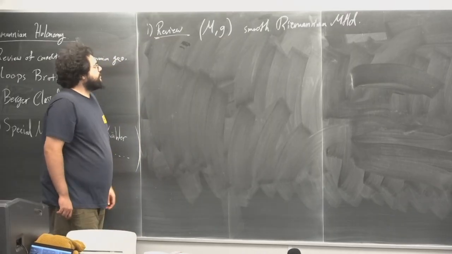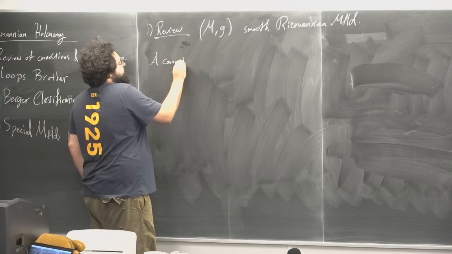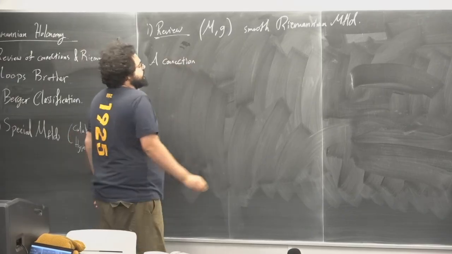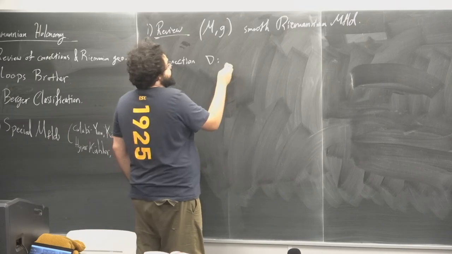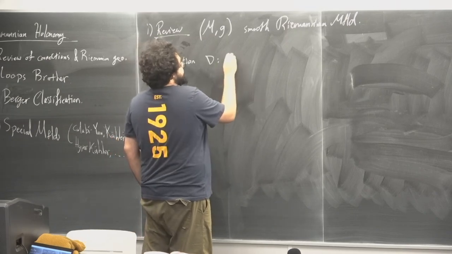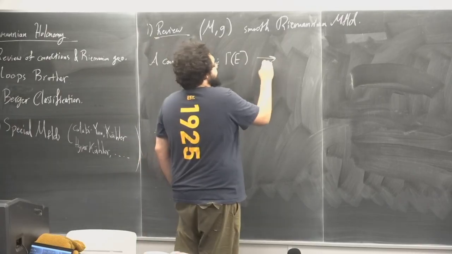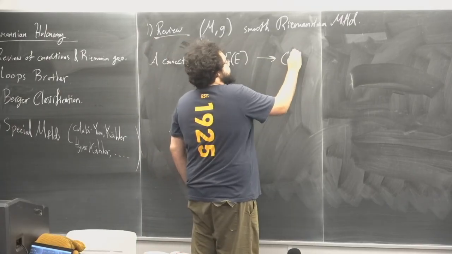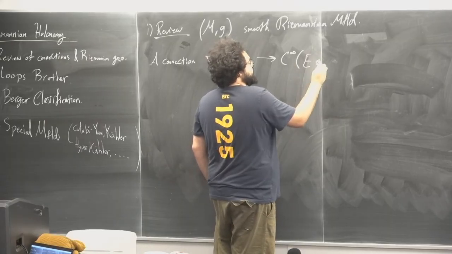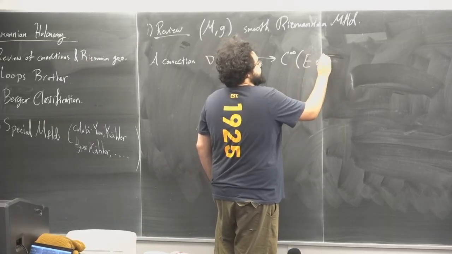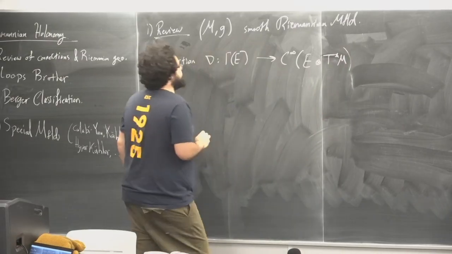We have a connection. In general, a connection is on a vector bundle E, just some map that goes from smooth sections of your bundle into smooth sections of your bundle tensored with the cotangent bundle of the underlying manifold.